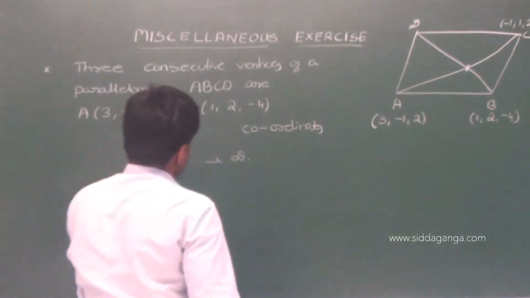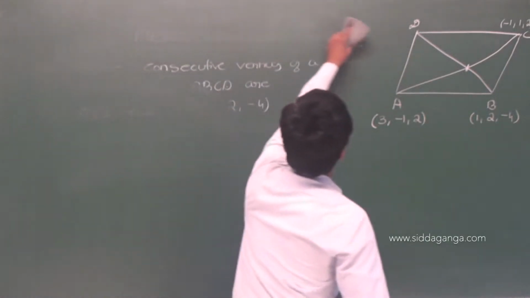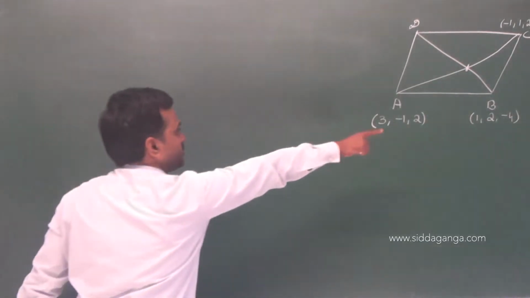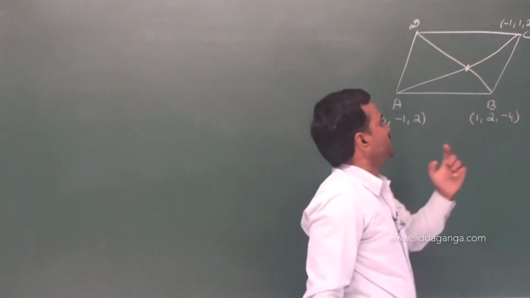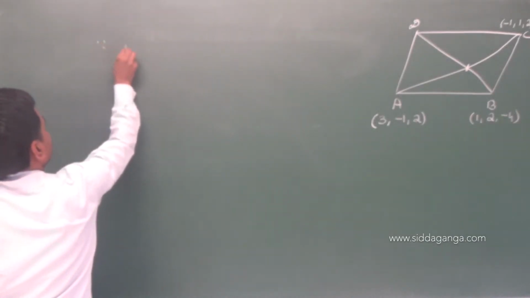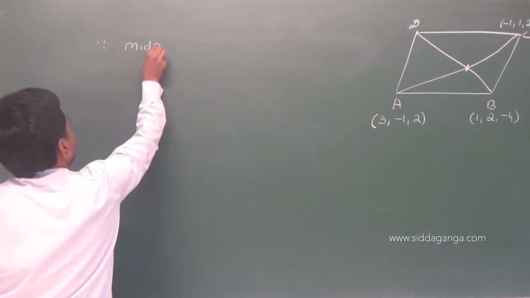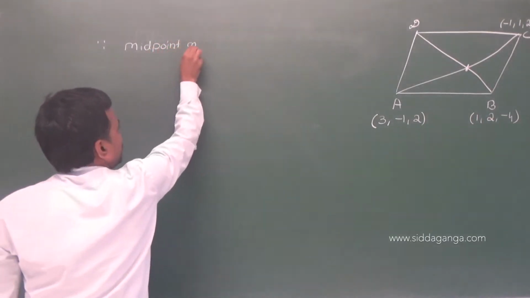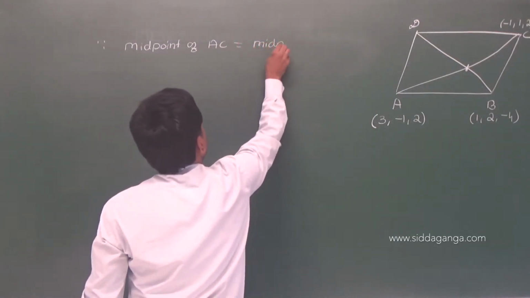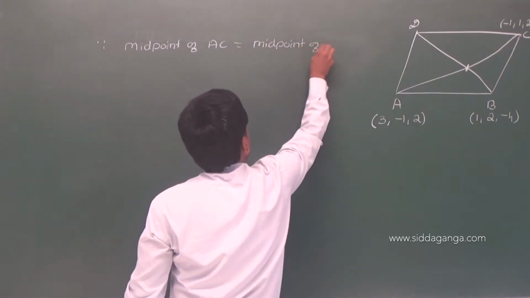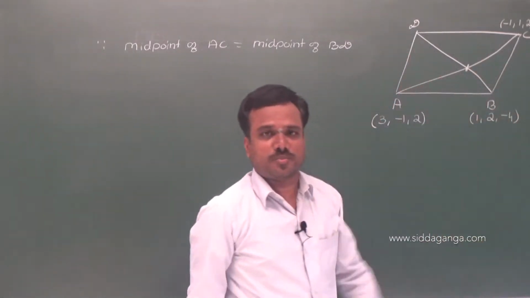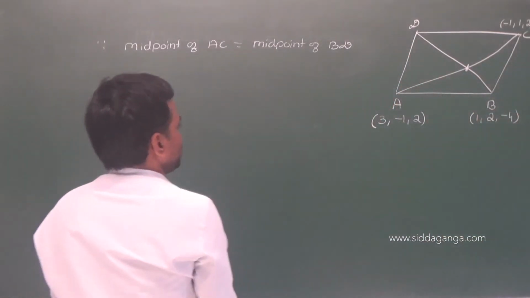So we solve this problem. Given three vertices A, B, C, we have to find the fourth vertex. Since the midpoint of AC is equal to the midpoint of BD, and you already know the midpoint formula.